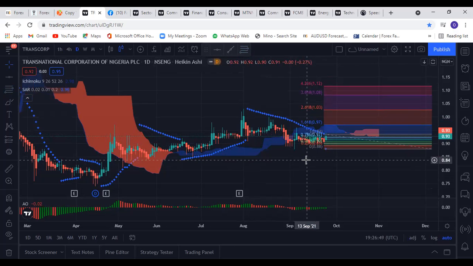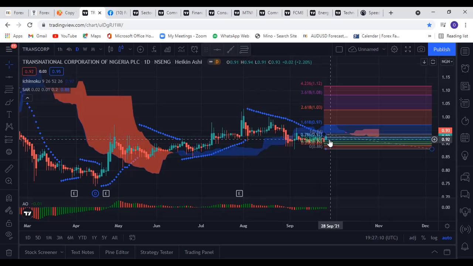So if this price is coming down, you wait for it at around 8 naira 84 kobo rather. But Friday, I don't know what happened in the market on Friday, but this is a good sign that this thing wants to go up, even though it's still below the cloud. So you can enter. In trading, you just need to learn how to take reasonable risk. If I wanted to trade this, I would have entered at this current price. If it now falls lower, I can come and average my entry at around 84 kobo. You understand? That's the way it works.